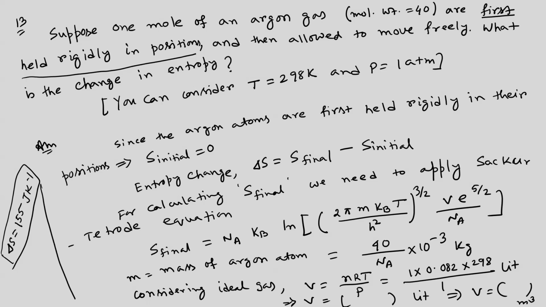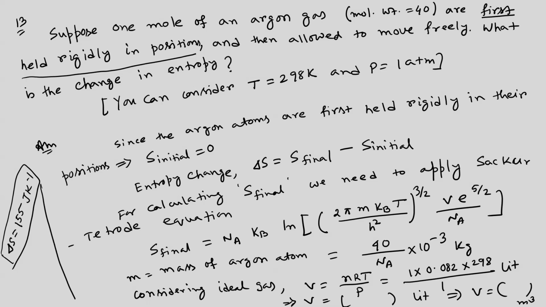For calculating volume, we consider ideal gas equation of state, V equals nRT by P. n is 1, R is 0.082 in liter atmosphere unit, temperature is 298 K and pressure is 1 atmospheric pressure. If we substitute all these things, we get volume in liter. Once we get the volume in liter, we need to convert volume to meter to the 3.